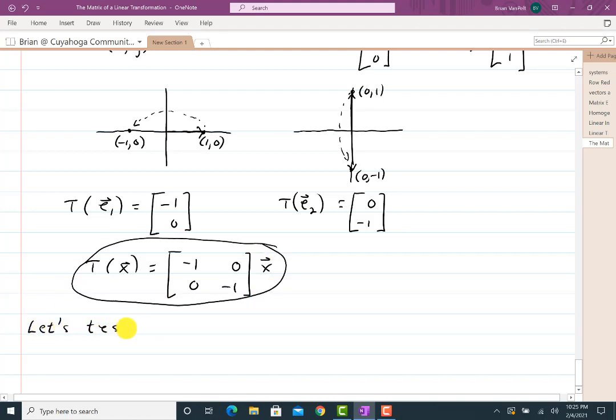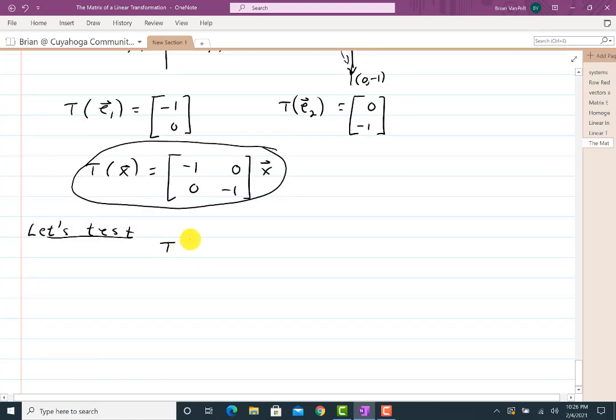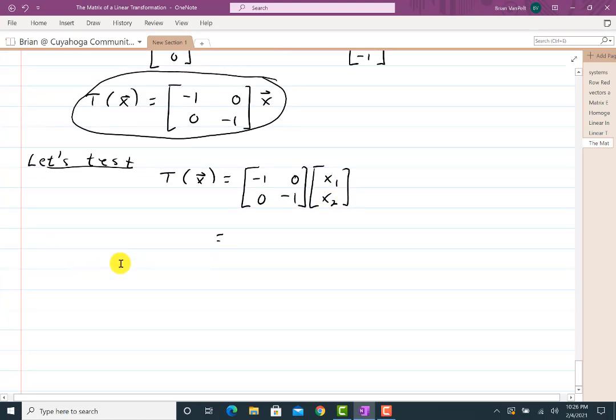Let's test. T of x is equal to, let's go ahead and multiply it out. Negative 1 times x1 plus 0 times x2 will just be negative x1.